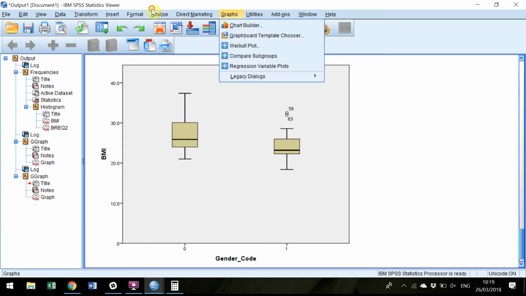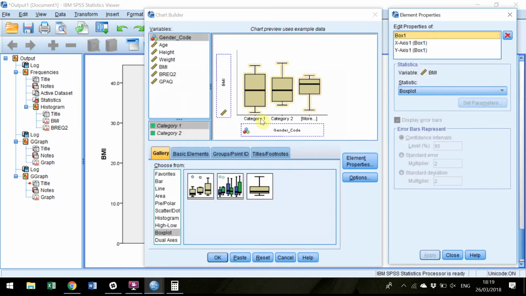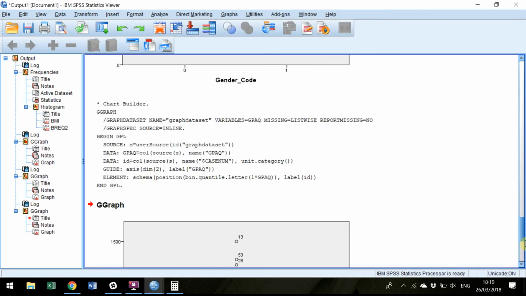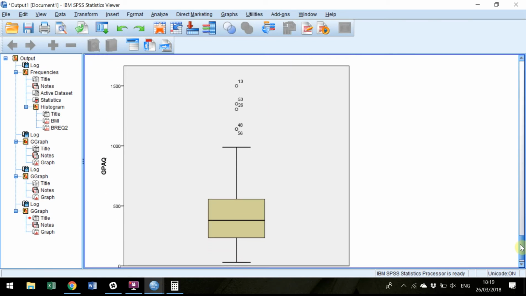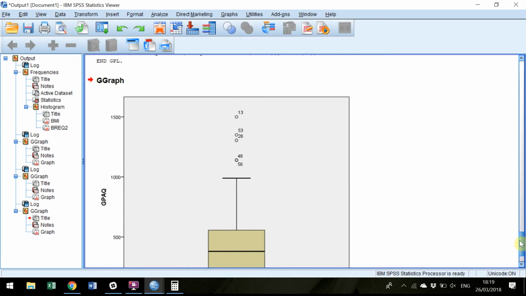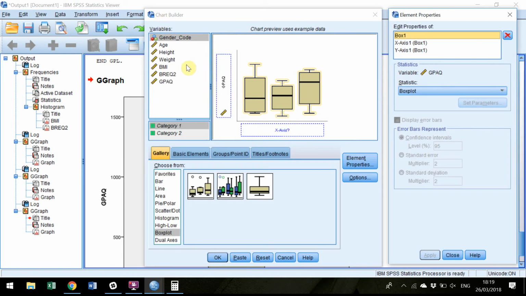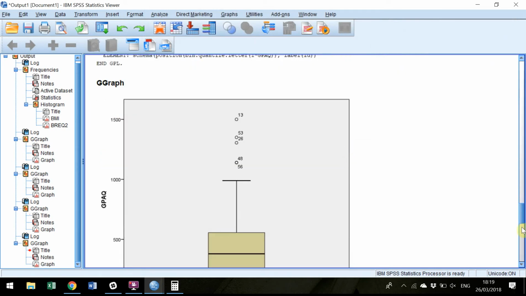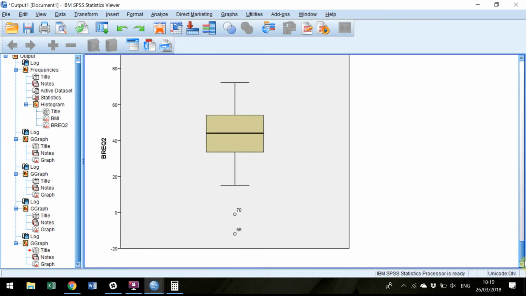Next one is graphs, Chart Builder. Just going to try this one out and look at my GPAT. Fire over, and we see we've got a lot of outliers here. We weren't looking at GPAT. Well, let's just look at the thing that we were looking at, which was BREC 2. Here's BREC 2. So we've got a couple that are quite low.